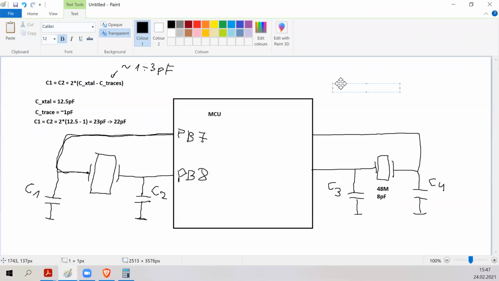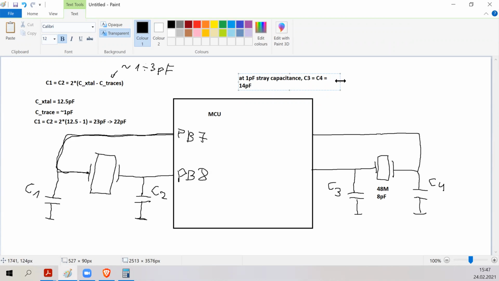So I'll write down the answer was correct. So at 1 picofarad stray, C3 equals C4 equals 14 picofarad.